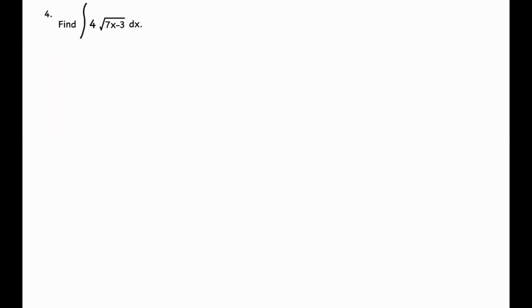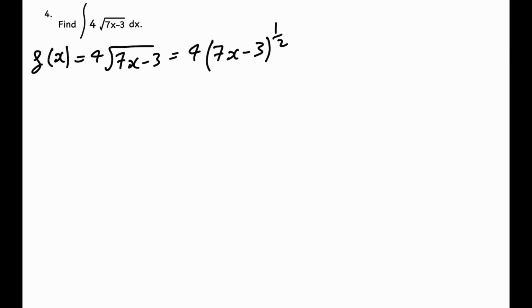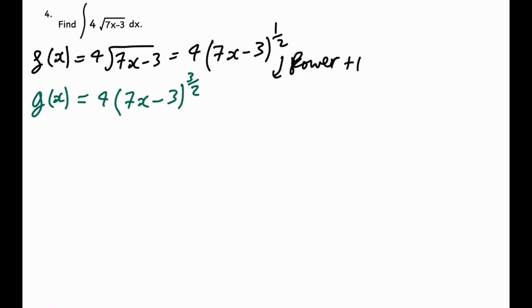Say we have an integral, they're trying to find the integral of 4 times root of 7x minus 3. The function that we have inside is 4 times root 7x minus 3, which we can write as 4 times (7x minus 3) to the power of a half, because the square root is the same as to the power of a half. And because in integration we normally add to the power, we can just consider, so this is our considering part, remember, from considering and then scaling.